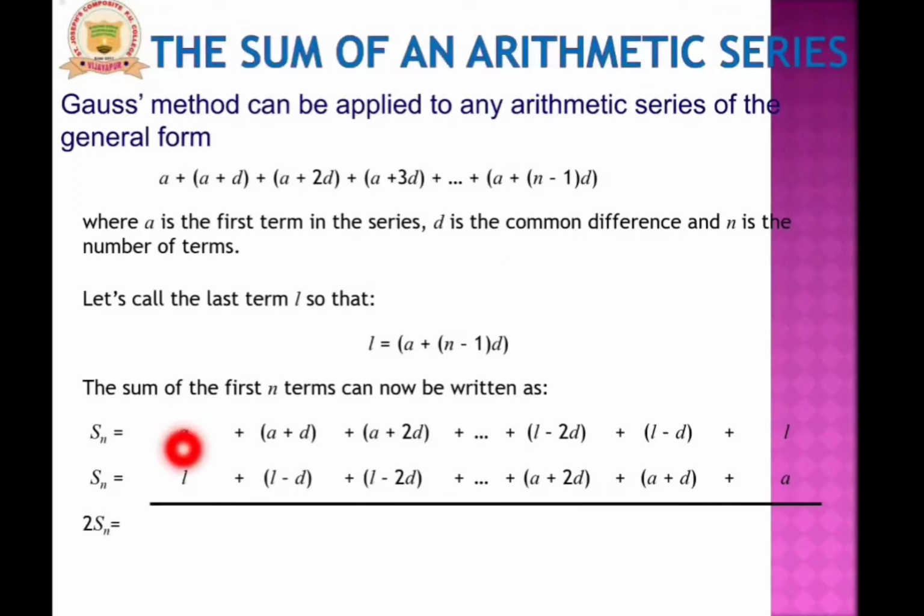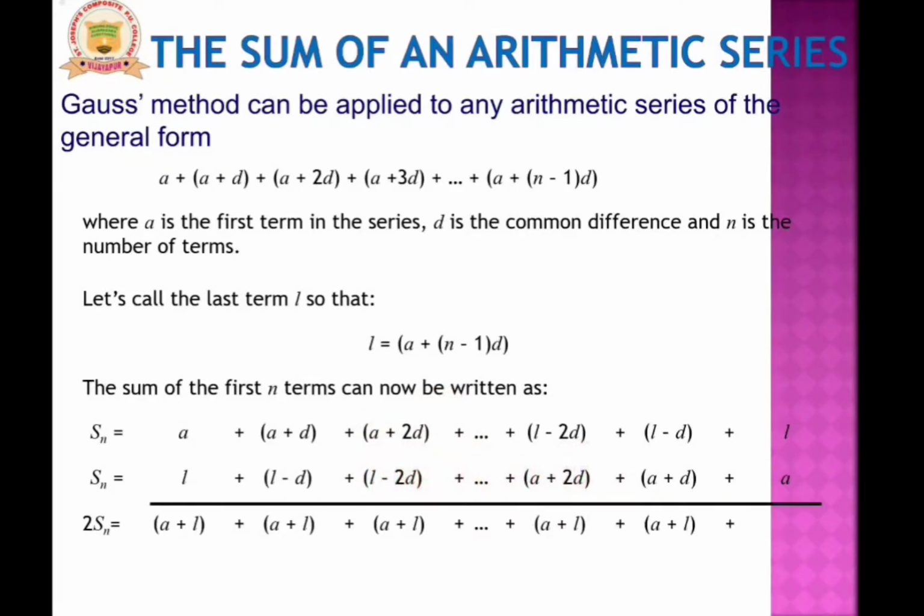Then we get Sn plus Sn becomes 2Sn, a plus L becomes a plus L, next a plus d plus L minus d, plus d minus d get cancelled, we get again a plus L, next a plus 2d plus L minus 2d, plus 2d minus 2d get cancelled, we get a plus L, and so on.